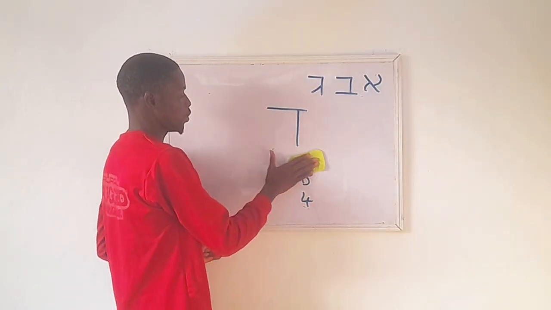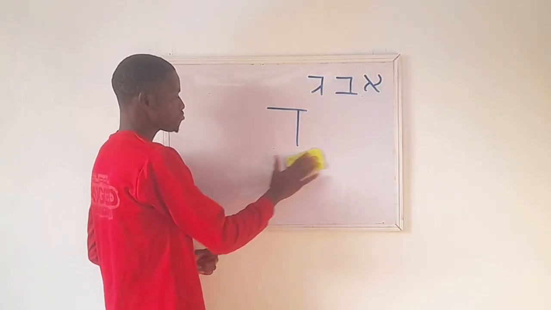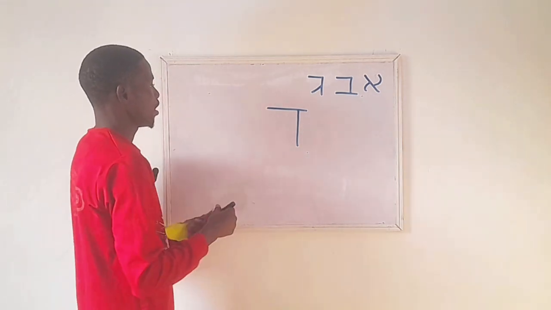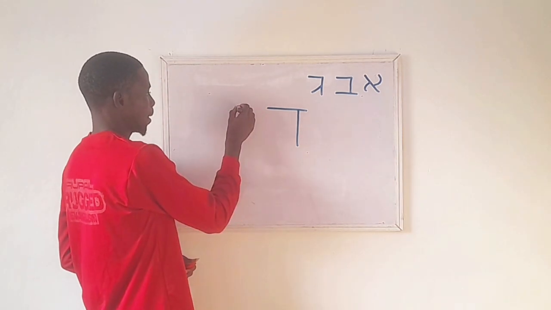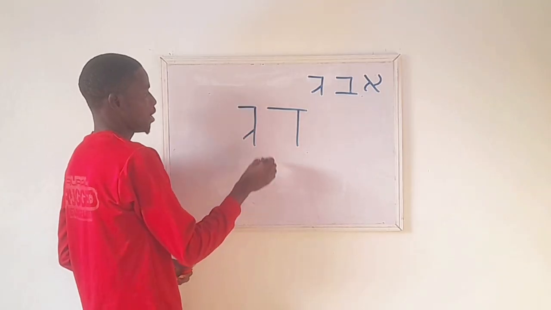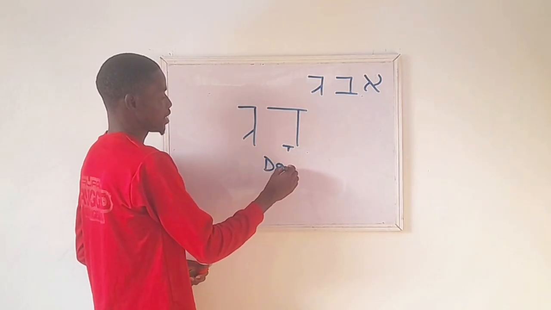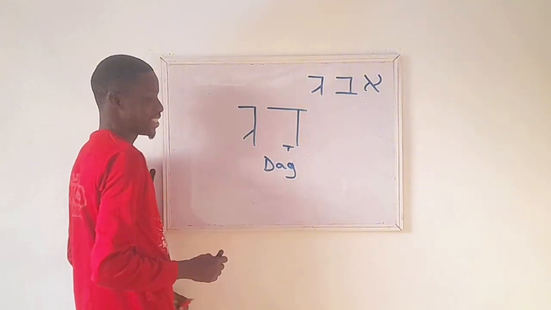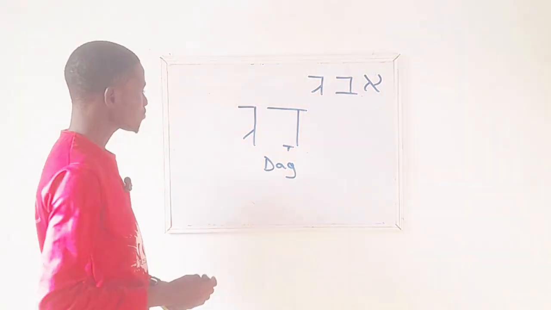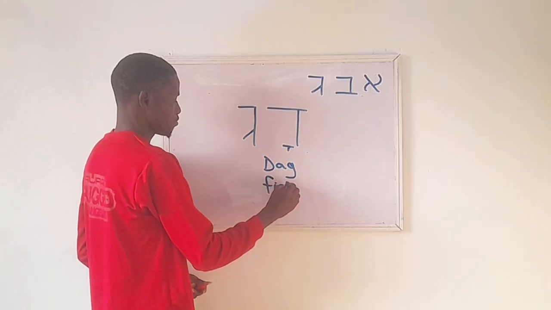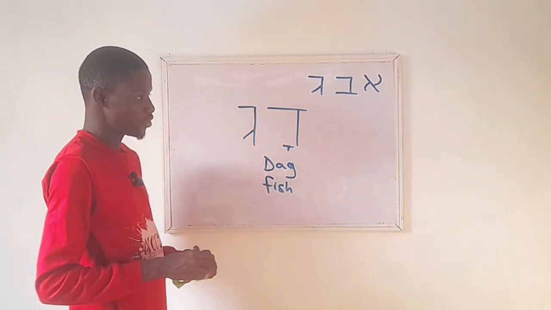Let's see what we have here. If you put Dalet here, and you put your Gimel here, and you put the short A sound, you have the word dag. Dag. And that's the word for fish.